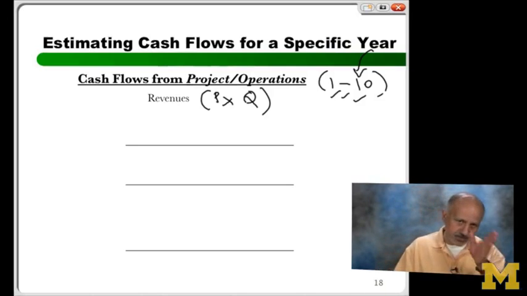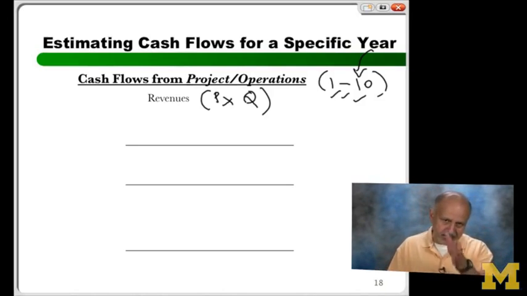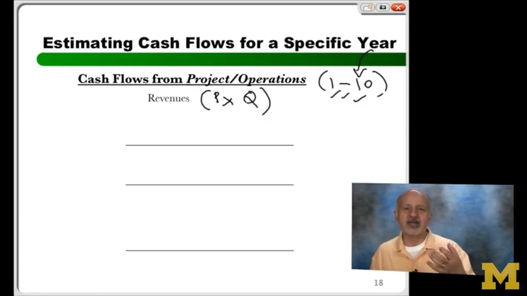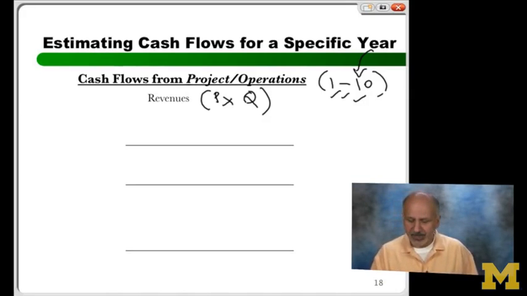The price is the market price determined by the marketplace for your commodity or your service. It's the willingness of people to pay, and your quantity is determined, again, by the demand. So this is easy, and for the time being, I'm going to assume that's $5 million.